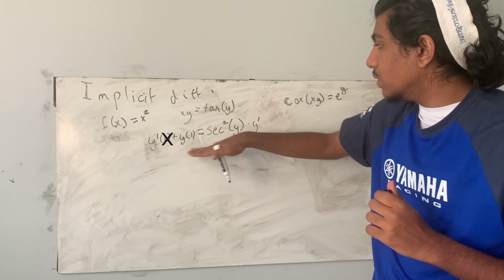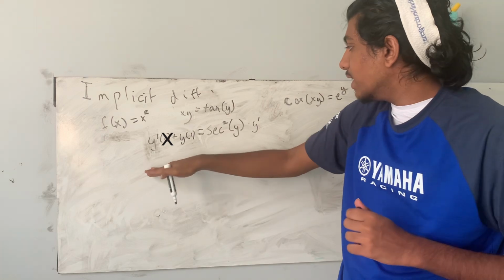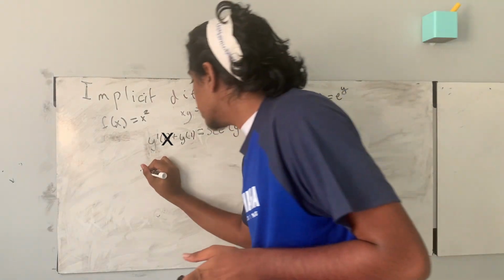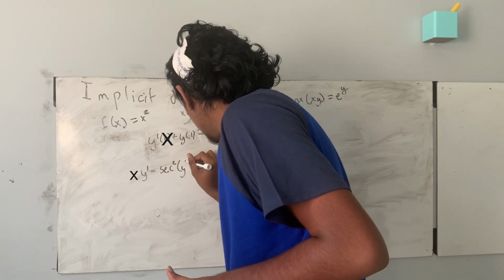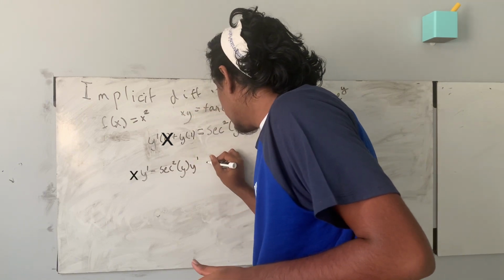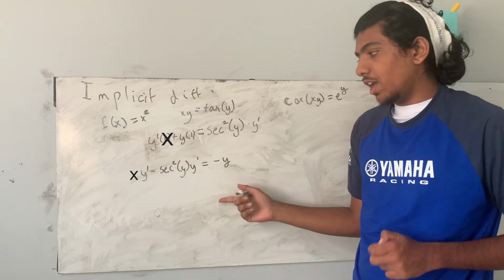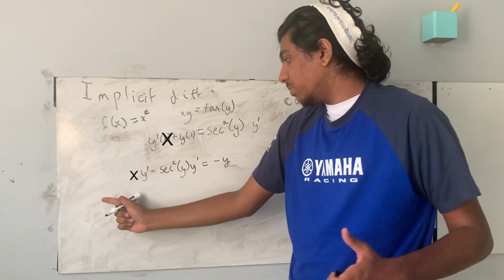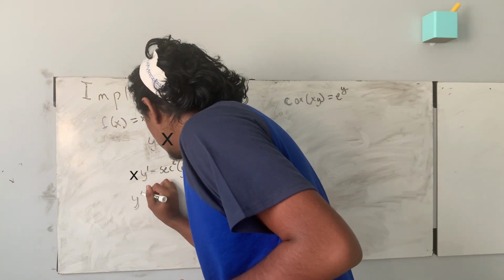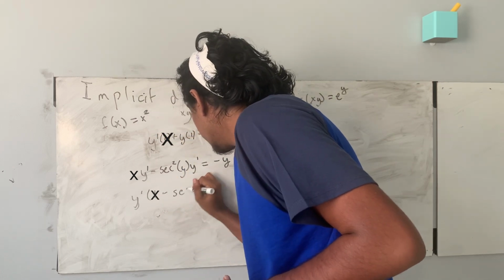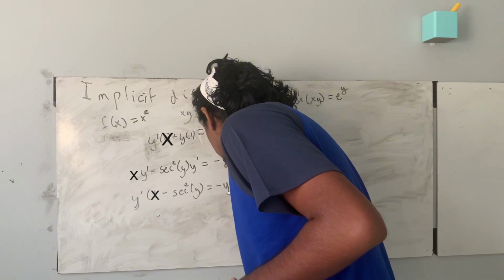So what we can do is subtract this y over, and we get another expression. We get y prime minus secant squared y times y prime equals negative y. Then, as you've learned in algebra, factor out a y prime and then divide that over. So you get y prime times 1 minus secant squared y equals negative y.